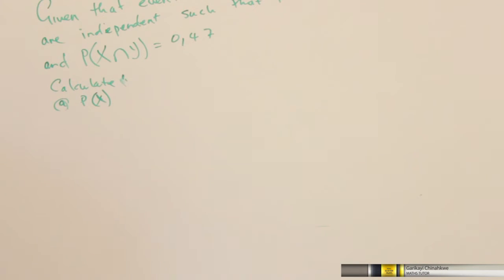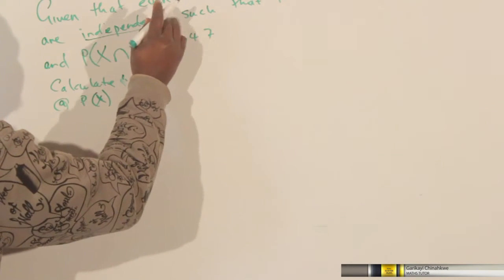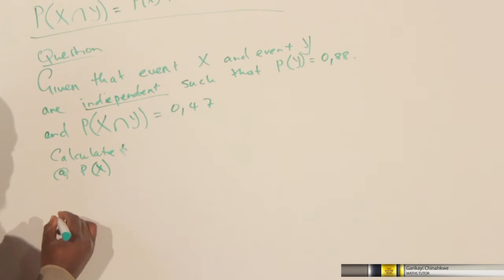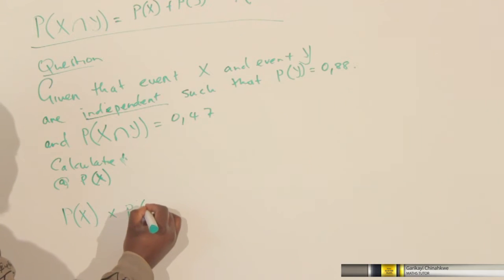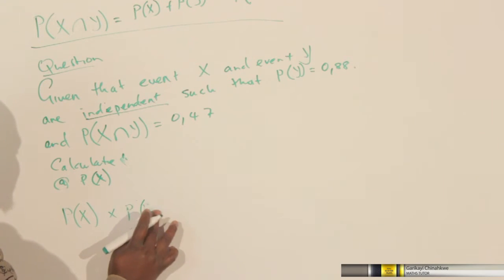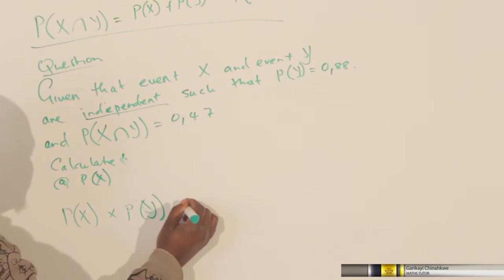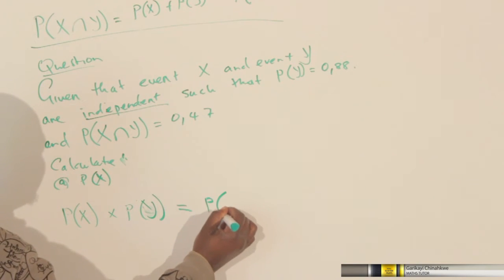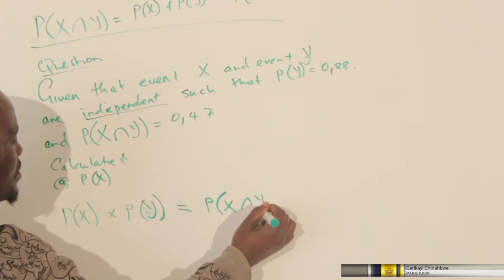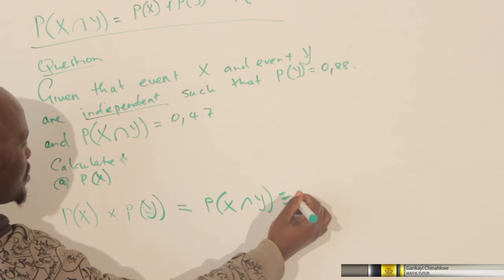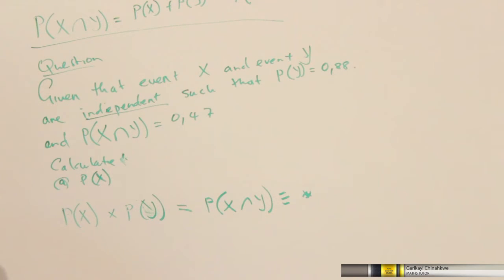We are given that these two events are independent. So in other words, probability of x multiplied by probability of y should give you probability of x intersection y. Where do I get this? I'm going to put a star here.